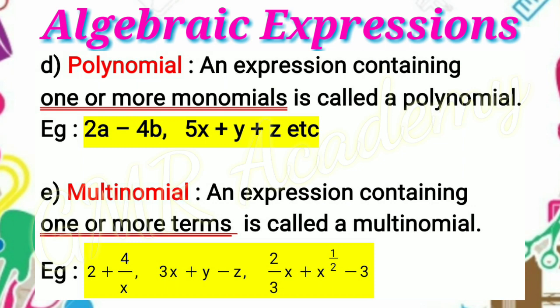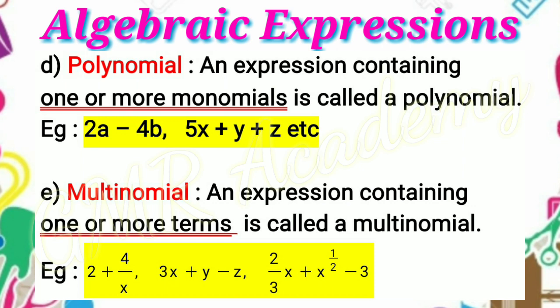All multinomials need not be polynomials, because polynomial means the power of the variable is a positive integer exponent. In a multinomial, the power of the variable is positive or negative or zero or any rational number.